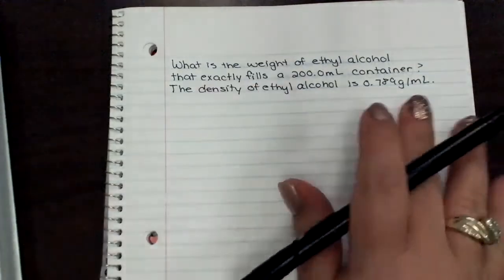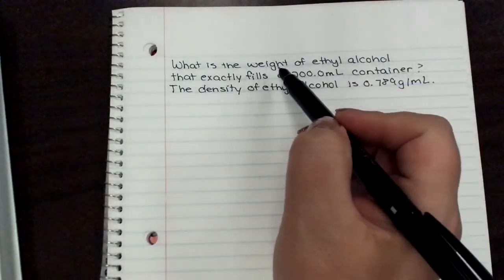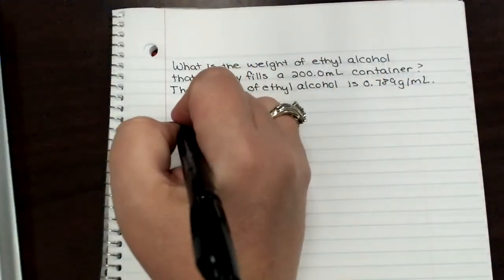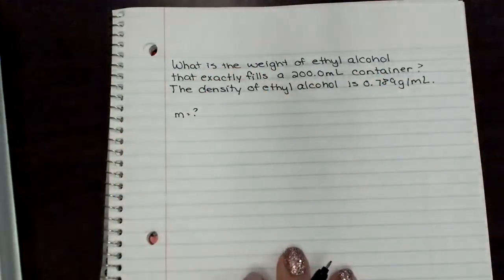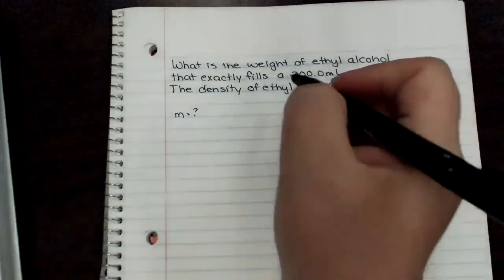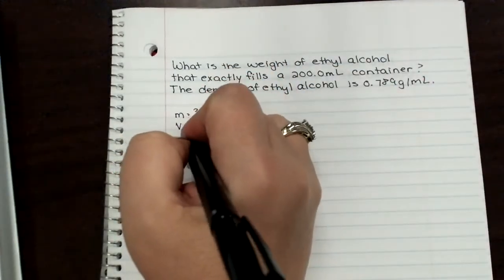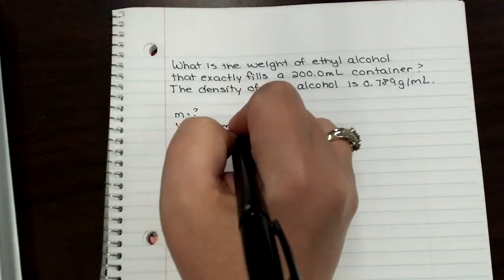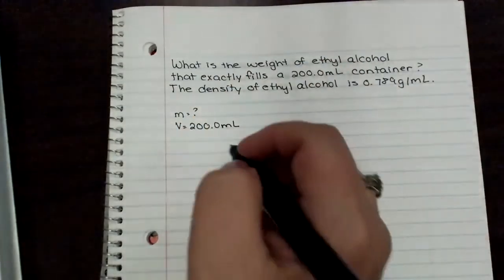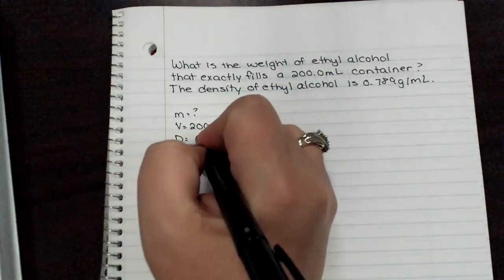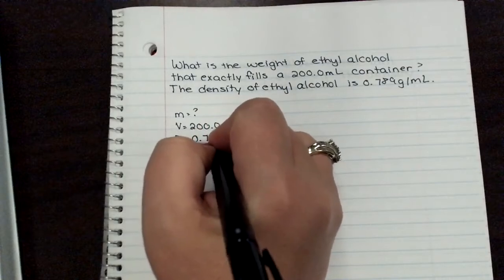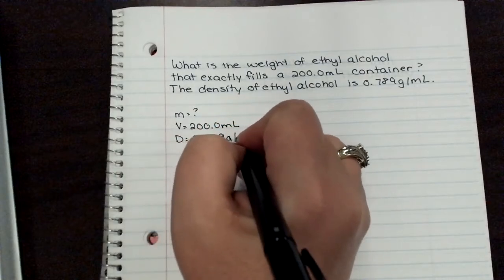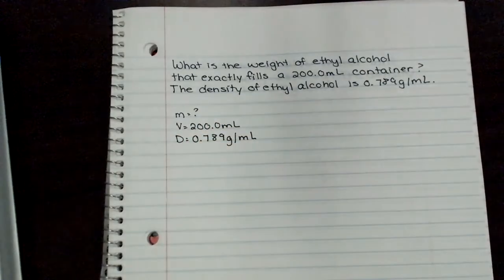So just looking at the problem, I can see right now they're asking what is the weight. So I'm looking for mass. That is my unknown. And then they tell us that our volume is 200.0 milliliters. And then look, they gave me density, and density is 0.789 grams per milliliter. Okay.